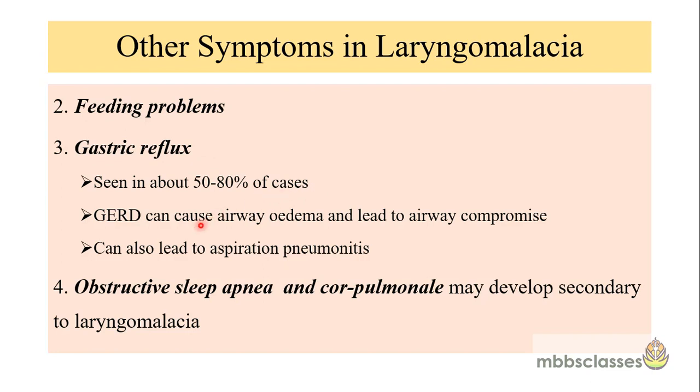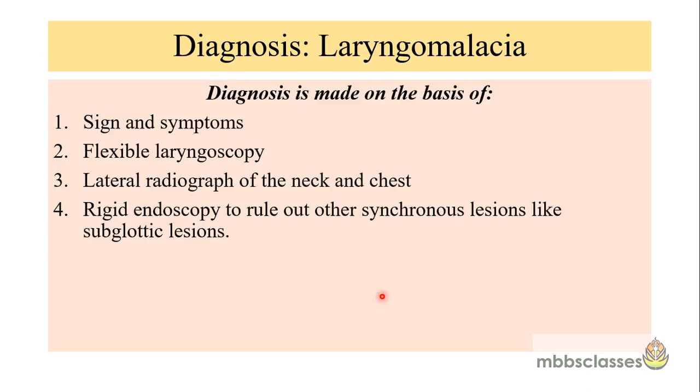Sometimes there may be an associated aspiration, and it can also lead to aspiration pneumonitis. In very severe cases, the child may have obstructive sleep apnea and may also develop cor pulmonale, secondary to the laryngomalacia.